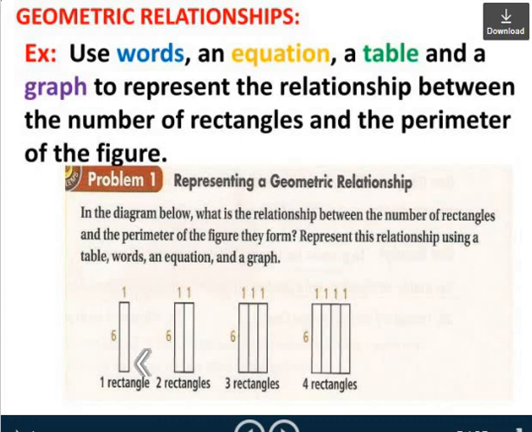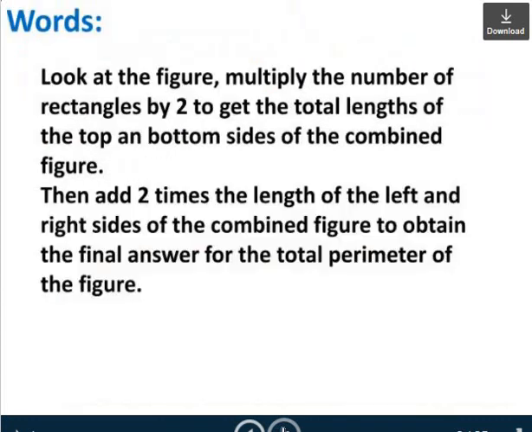The length of the rectangles is not changing. It's the same, it's constant. But looking at the width, you can notice that as you add more rectangles, the width of the new big rectangle will be different, right? So the change will be in the width, not in the length.